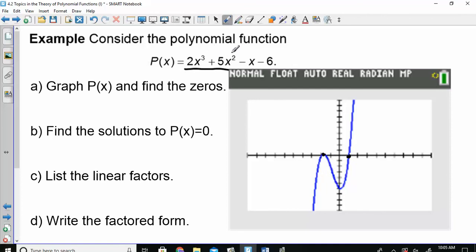So you're right. It was a degree 3, so we would expect 3 zeros. Remember we talked about multiplicities? When the graph bounces, that means this had a multiplicity of 2, so it was a 0 twice. So one of these is easy to tell. That's when x equals 1.